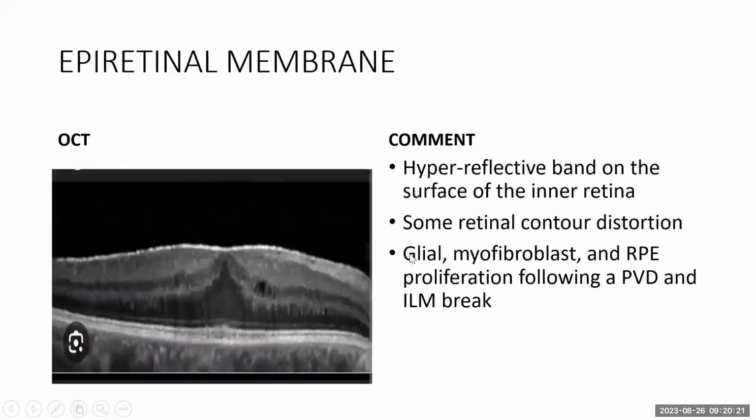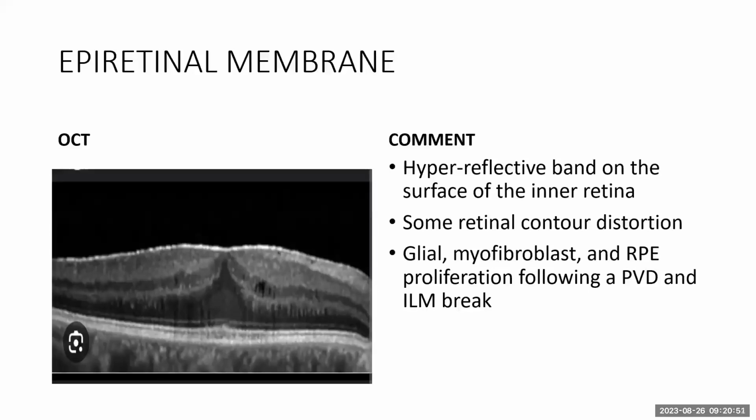All right. So I've mentioned the VMA, where you have strong adhesion of the vitreous to the macula, but the foveal contour is undisturbed. The VMT, where the foveal contour is disturbed, but there are no breaks in the layer, though you could have hyporeflective spaces.